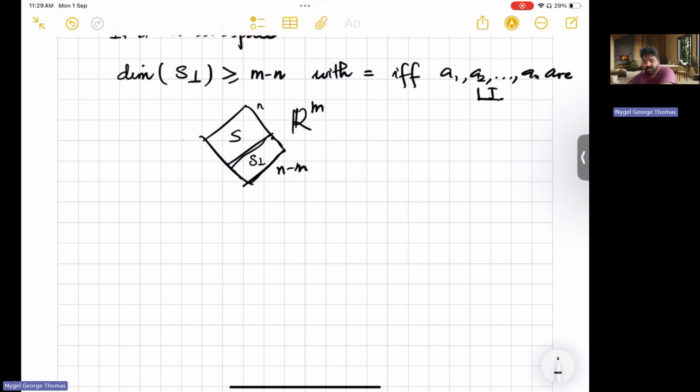If it was not an orthogonal complement, there would have been some intersection, some overlap. Can we span any of the vectors which exist in S orthogonal using the vectors which are there in S?